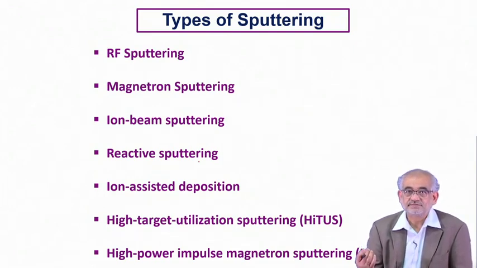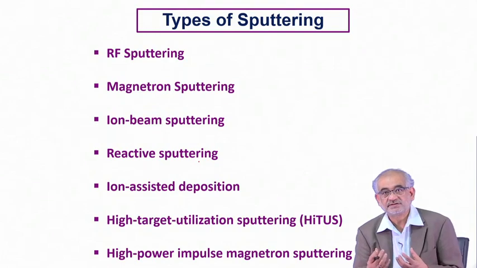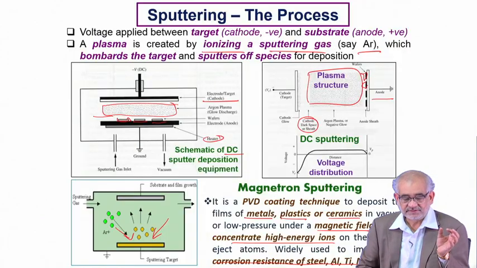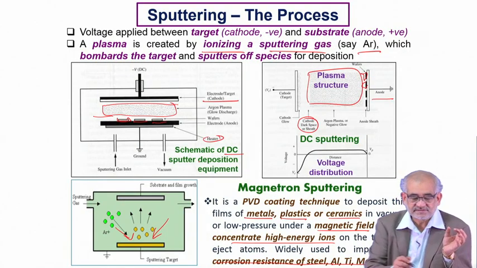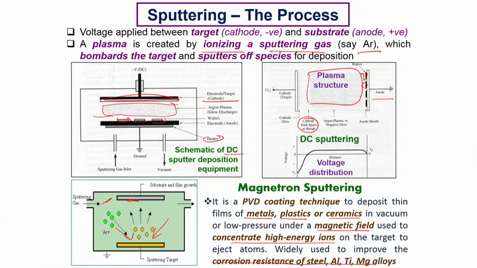And we can deposit multi-layers, or we can have multiple compositions, or we need not use the same target. We can use multiple targets. For example, in situations like this, instead of having a single target covering the entire area, we can have multiple targets here, and we can use the pulses.